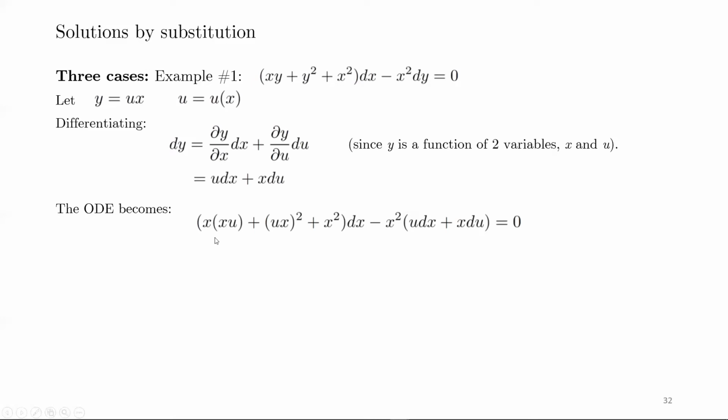Okay, so if I do that, I get x times, this used to be y, so now we're replacing it with x times u, plus, well, this used to be y squared, but now I've got ux all squared, plus x squared dx, it's all the same, minus x squared times, well, this used to be dy, but instead of dy now, I can write u times dx plus x times du equals 0.